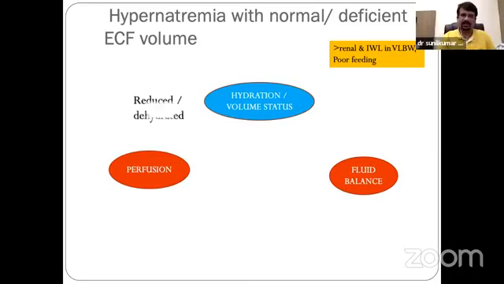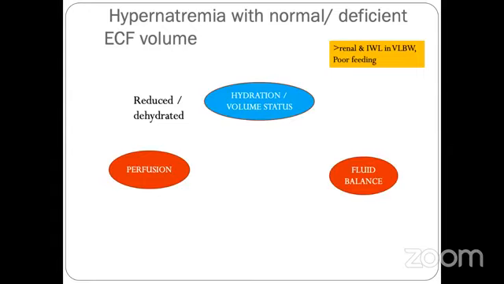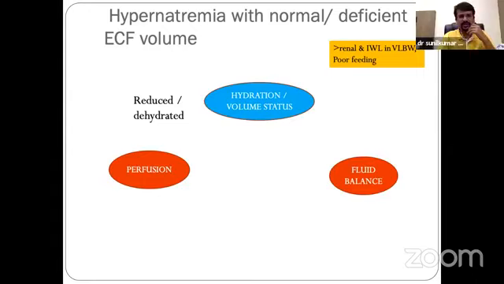So here the baby's water has gone, so the baby will be dehydrated and the volume status is reduced, and there will be negative fluid balance, and perfusion is decreased based on the severity of the illness.